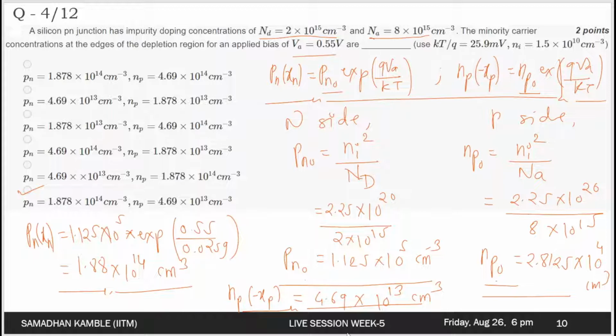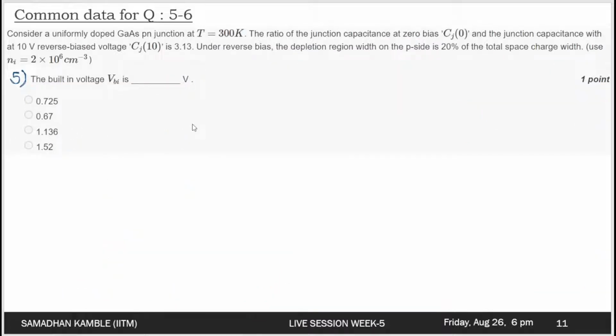Okay, so let us go to question number 5. Question number 5 is also a common data question, in which the common data is as follows.